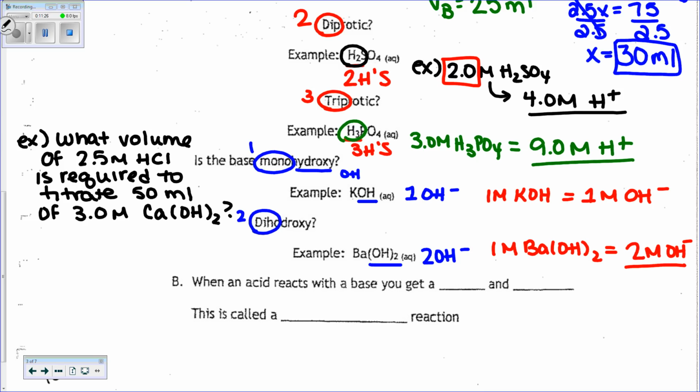Let's reread it. What volume of 2.5 molar HCl is required to titrate 50 milliliters of 3.0 molar Ca(OH)2?